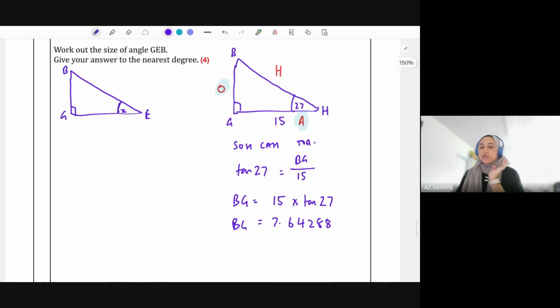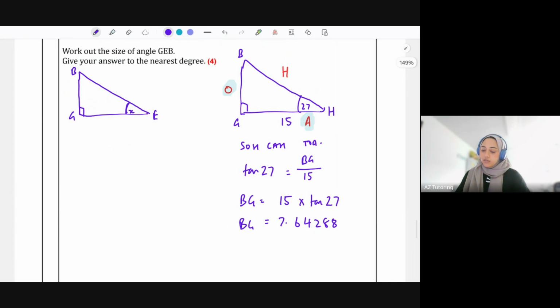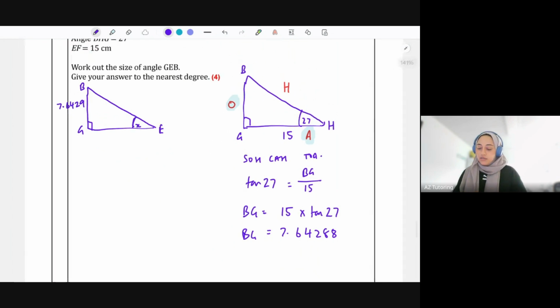You want to give this to a few decimal places because you don't want rounding errors early. So we found BG, so I can put this here. 7.6429, rounding the last digit up.